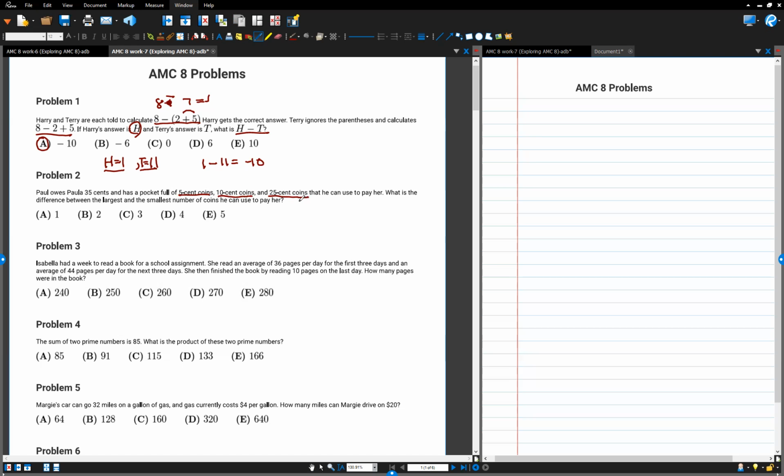What is the difference between the largest and smallest number of coins he can use to pay her?